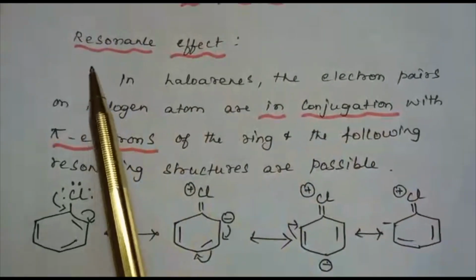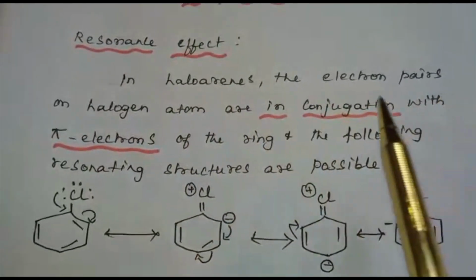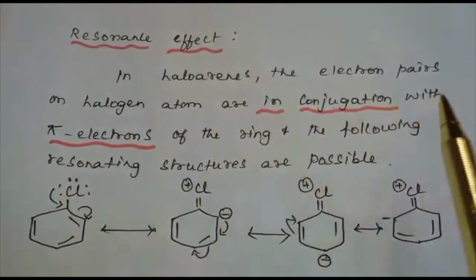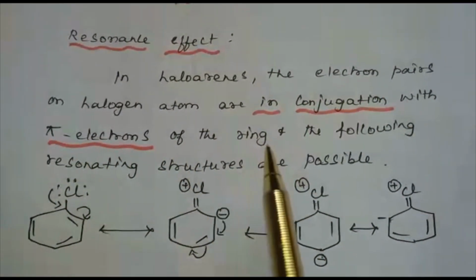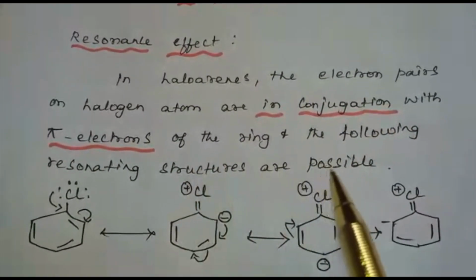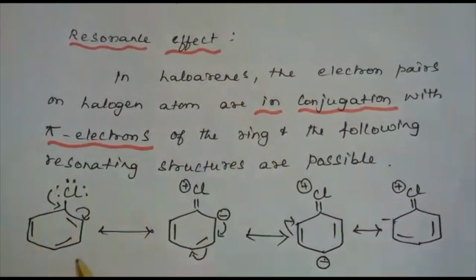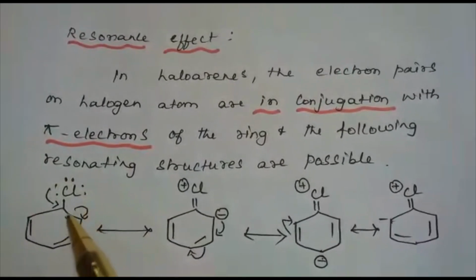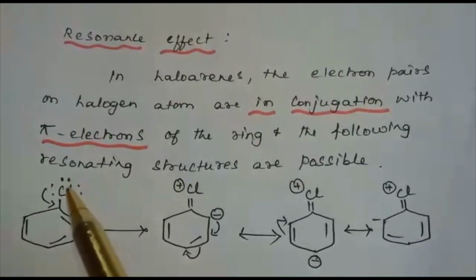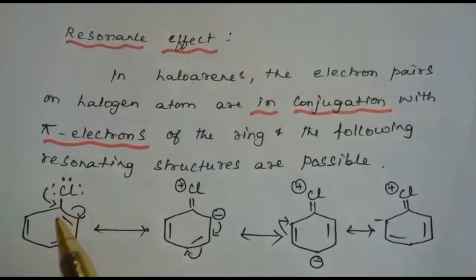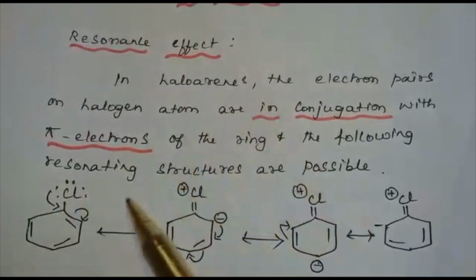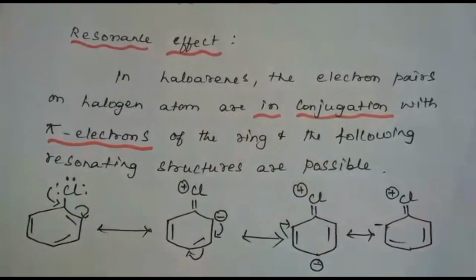First one is the resonance effect. In haloarenes, the electron pairs on the halogen atom are in conjugation with the pi electrons of the ring, and resonating structures are possible. This is an example of a haloarene, chlorobenzene.